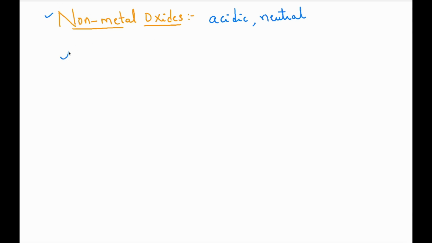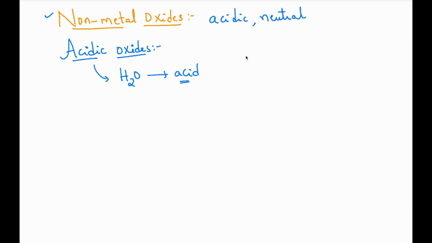So let's study acidic oxides. As it's there in the name itself, an oxide that when combined with water gives rise to an acid is known as an acidic oxide. So oxides that dissolve in water to give rise to an acid are known as acidic oxides.